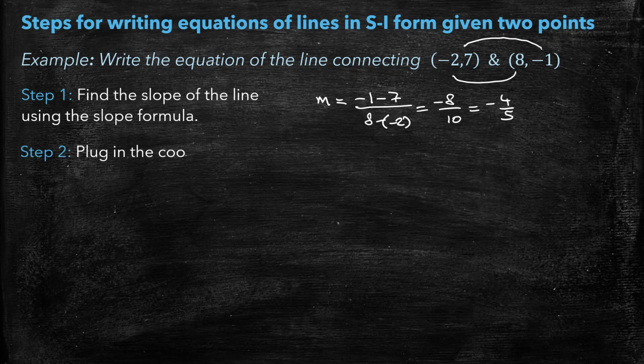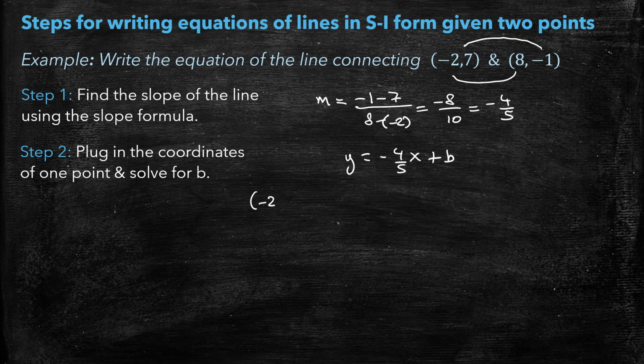And step 2, as we saw before, is to plug in the coordinates of one point and solve for b. Well, let's put in the -4/5 for the slope first, and then let's plug in one of the points, say (-2, 7). So we get 7 equals -4/5 times -2 plus b. So 7 equals -4/5 times -2 over 1, if you think about it, it's easier to think about it like that, is 8/5 plus b.